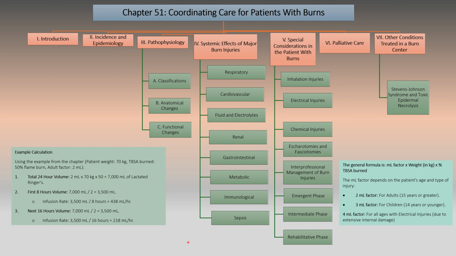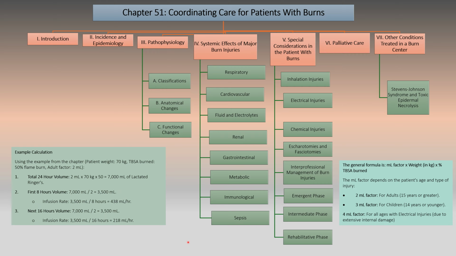Complication in the intermediate phase: compartment syndrome, intervention is escharotomy, the surgical procedure. The leading cause of death after the emergent phase is infection leading to sepsis. Sepsis is often indicated by a temperature greater than 102.2 degrees Fahrenheit and progressive tachycardia.